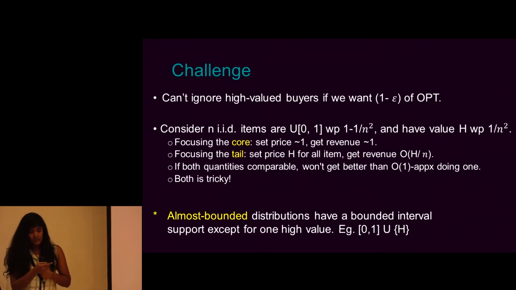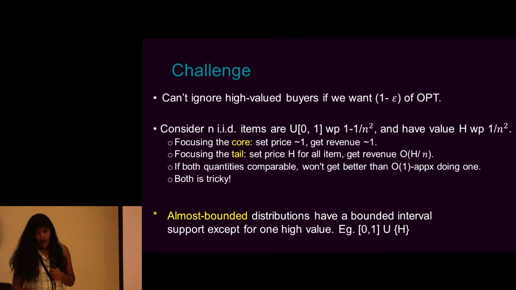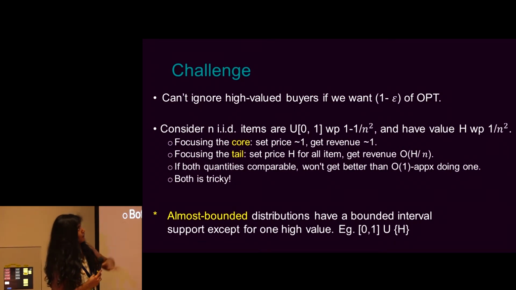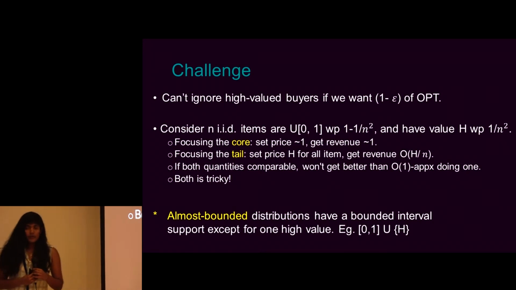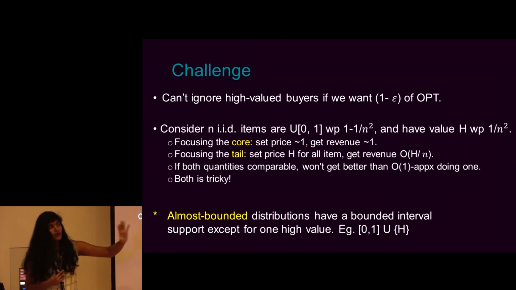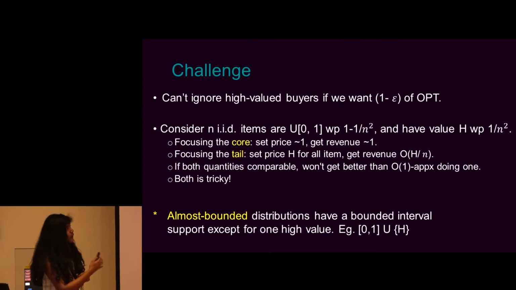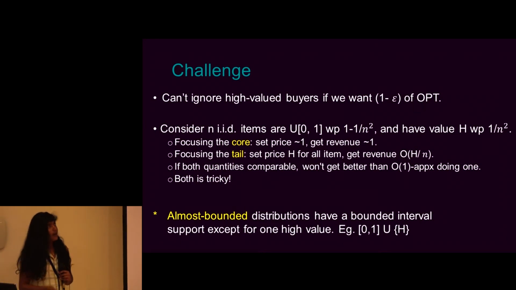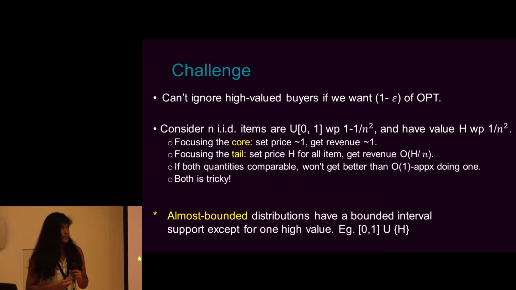When these two revenues are comparable, I can't get better than a constant approximation if I focus only on one of them, because I'm missing out an equal amount of revenue from the other part. Doing both is tricky, and how do we do that? That is the question. And this is where our asterisk comes in.